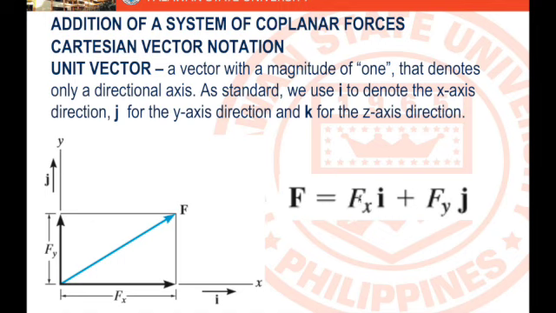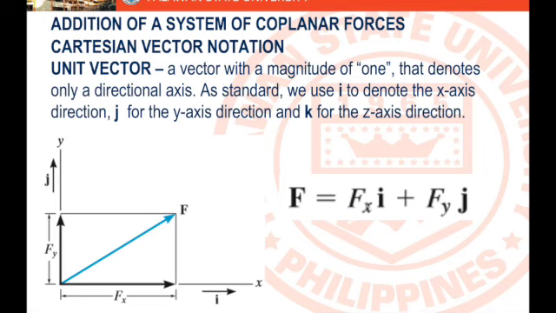This is not in boldface, this is italic, so this is denoting magnitude. The magnitude of the component in the x-axis multiplied by the unit vector i. This one is denoting the magnitude, and the unit vector we introduced is denoting the direction. So this would still be a vector since we learned from our first meeting that a vector has a magnitude, a direction, and a line of action.